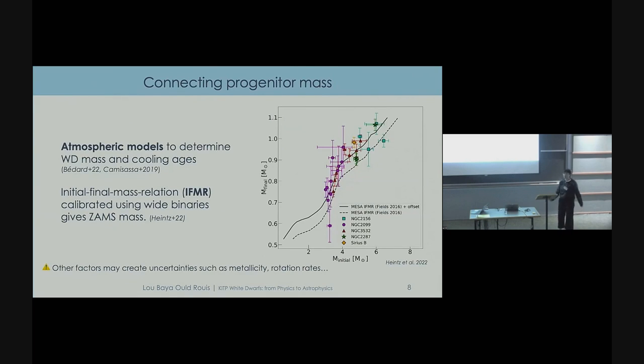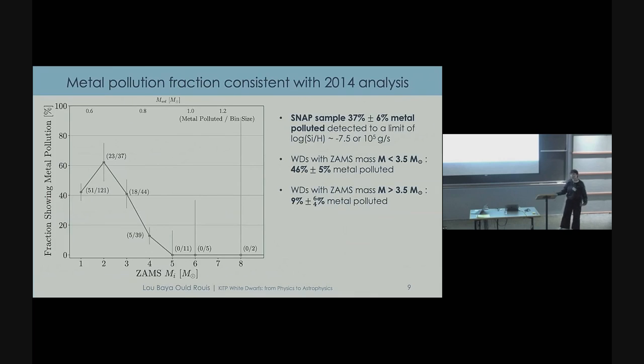I use the Montreal model and Laplace model. And then I use the initial final mass relation to get the main sequence mass. The one I used has been worked by Tyler Hines recently, looking at wide binaries to refine ages. So with that, I'm getting the actual distribution of initial masses.